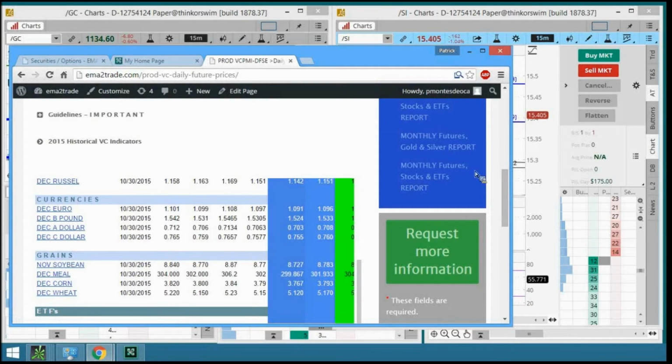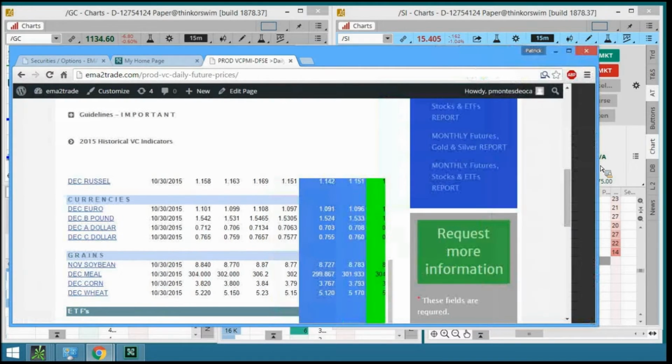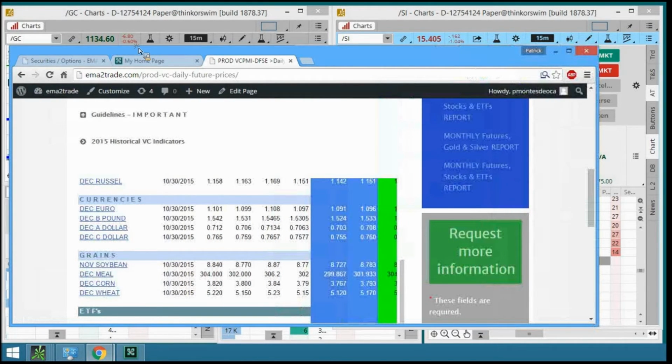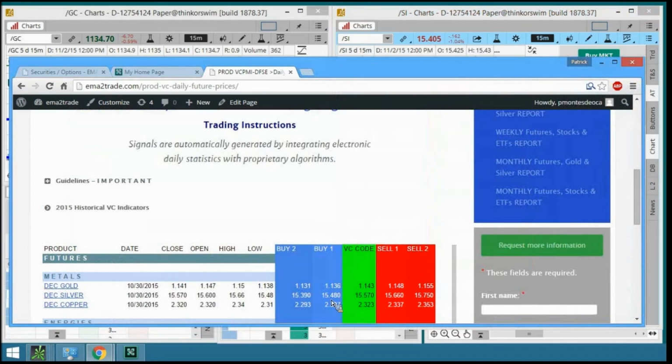And coming into today, it told you basically that if the silver market comes down to 1539 to 1548, you want to be a buyer. The buy 1 level is 1548. The buy 2 level is 1539, and you can use the 1539 if you wanted to as your stop, market on the close.